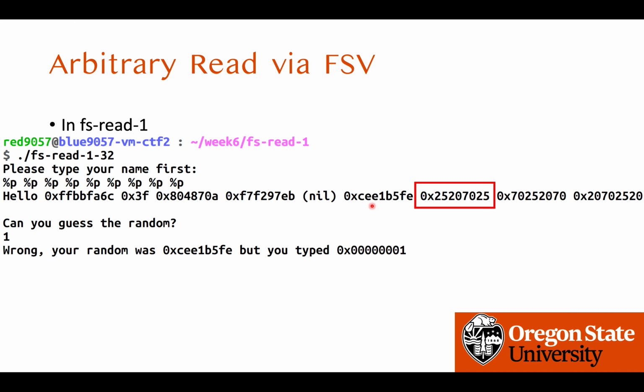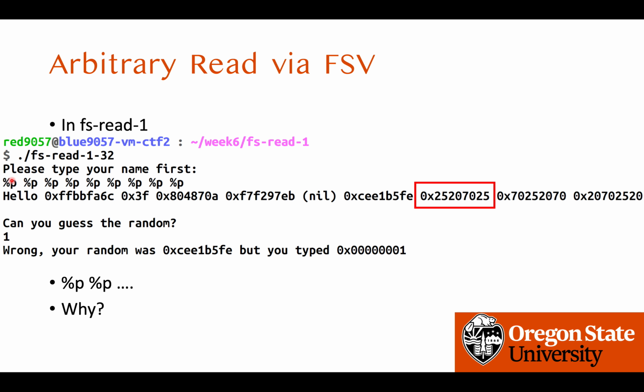Not the random value, this one. The value is 25, 70, 20, 25, 70, 20, and these keep repeating. That's actually the ASCII code of "%p %p", so this is actually the input that we gave to the program.